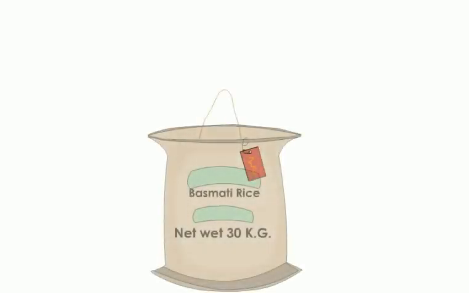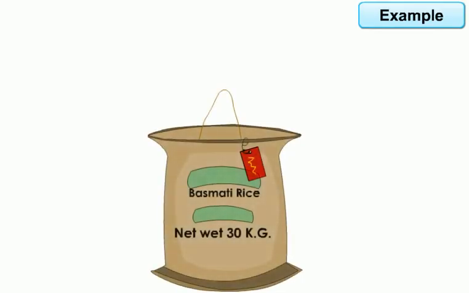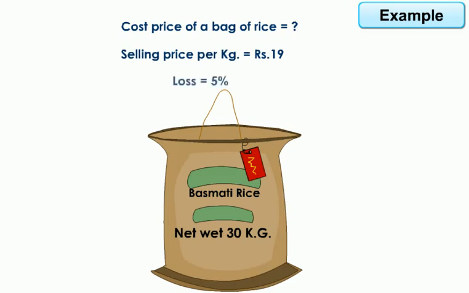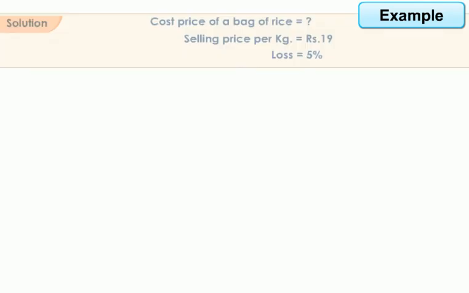Now let us look at another example. It says, what is the cost price of a bag of rice containing 30 kg if by selling at rupees 19 per kg, a loss of 5% is made? Here is the solution.